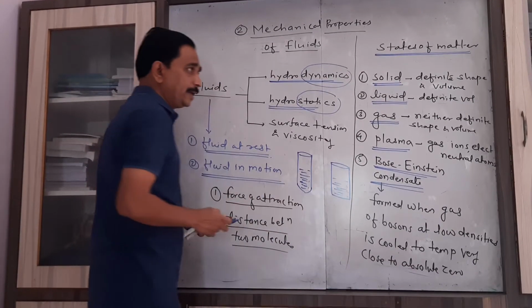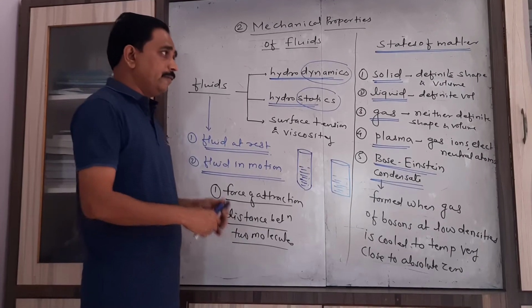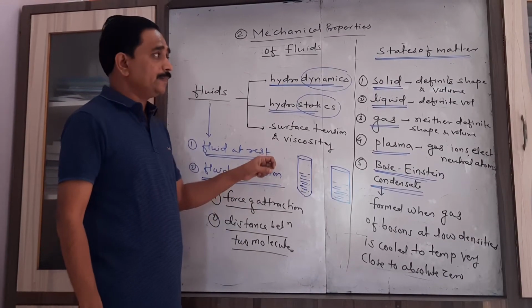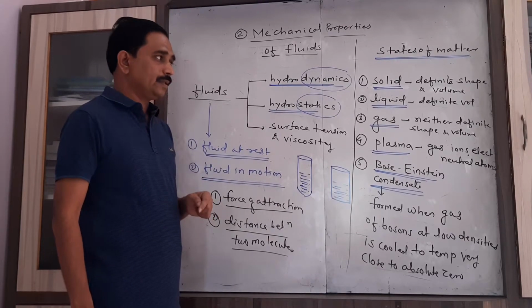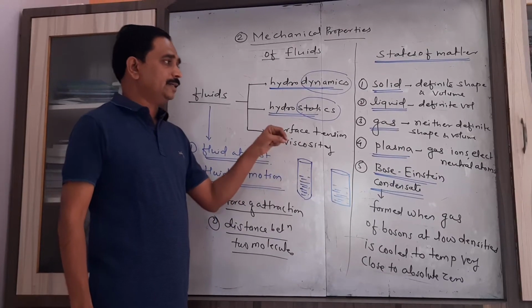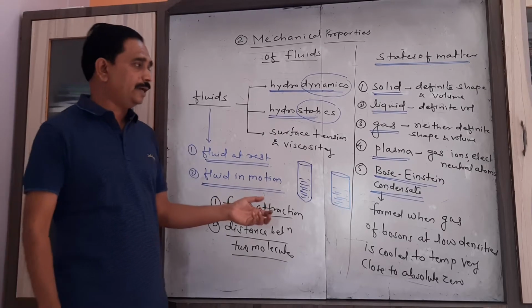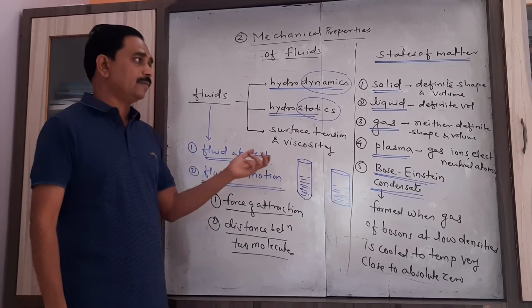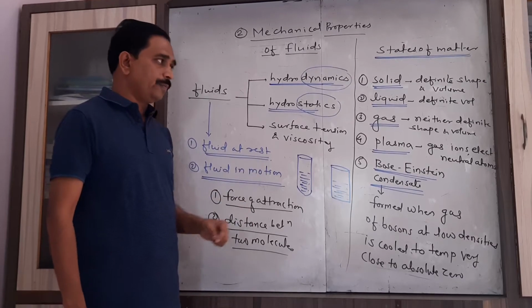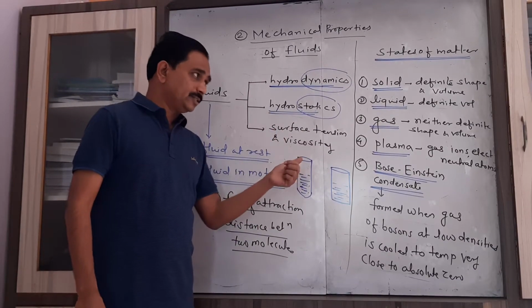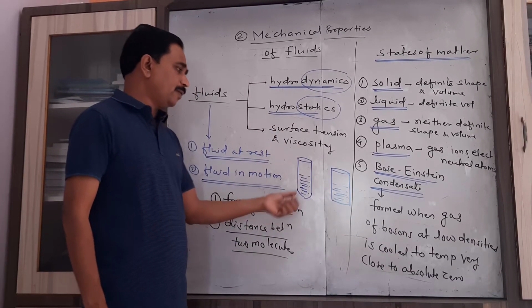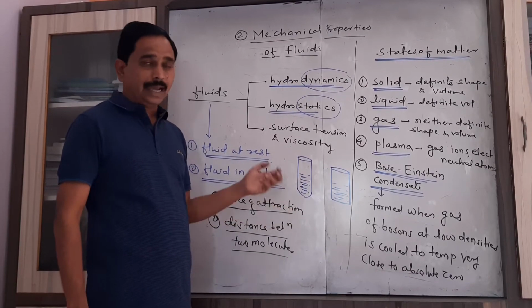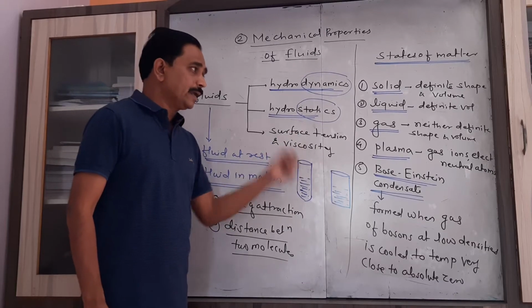So that's why I write here, liquid doesn't possess a definite shape, but it has a definite volume. And the third state is the gaseous state. All of you know that gas neither possesses a definite shape nor a definite volume. Here gas takes the shape of the container and occupies all the volume available to that gas.